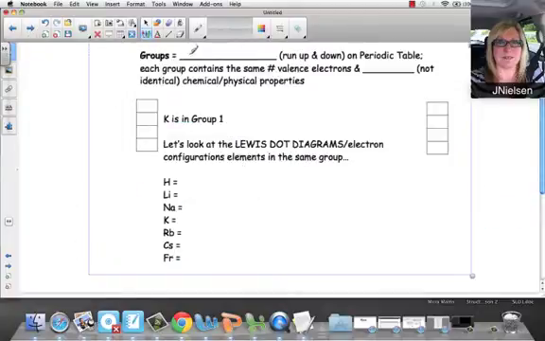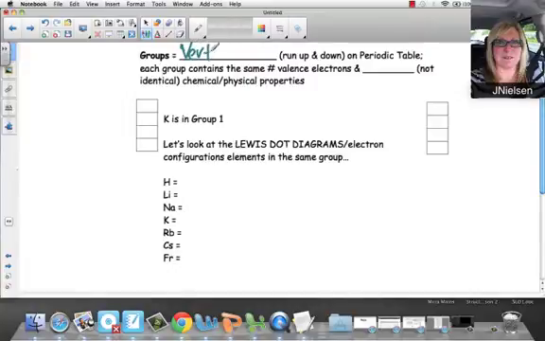Okay, groups are our vertical columns. Meaning that they run up and down on the periodic table, and each group contains the same number of valence electrons, as I just showed you.